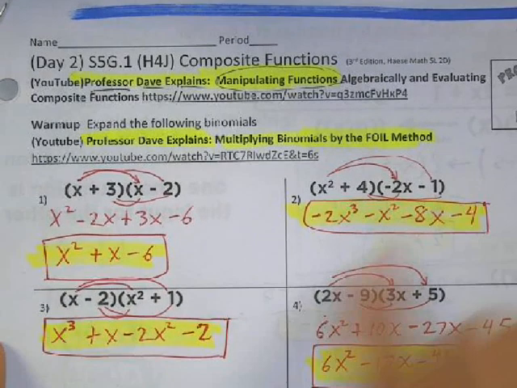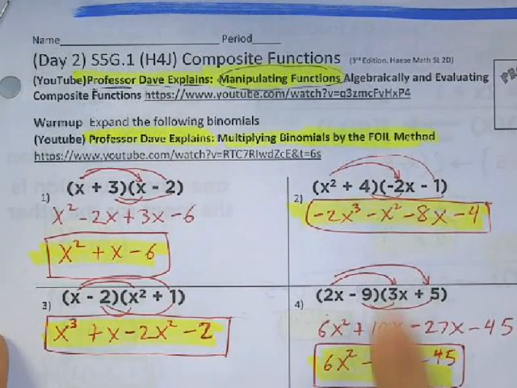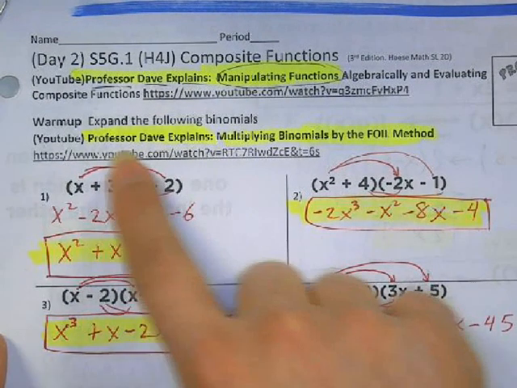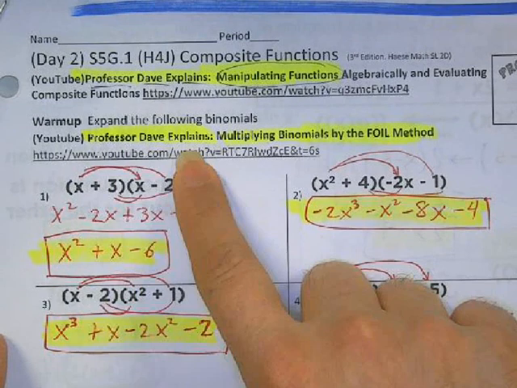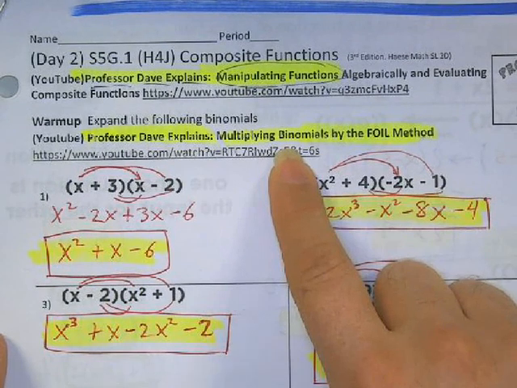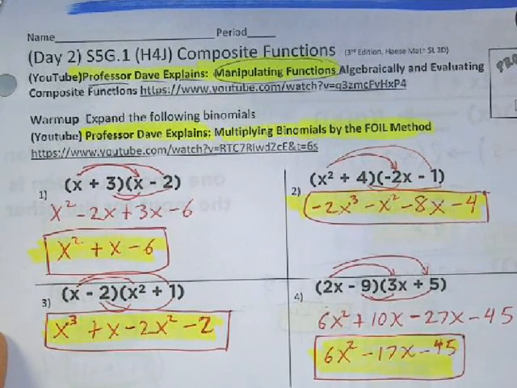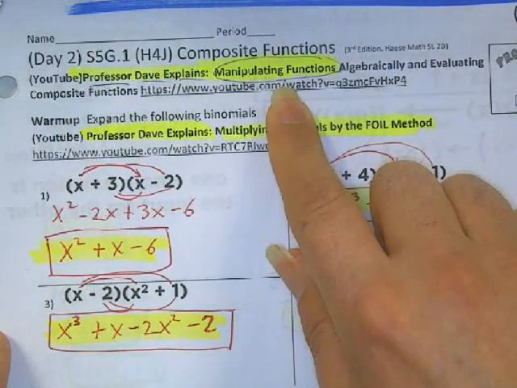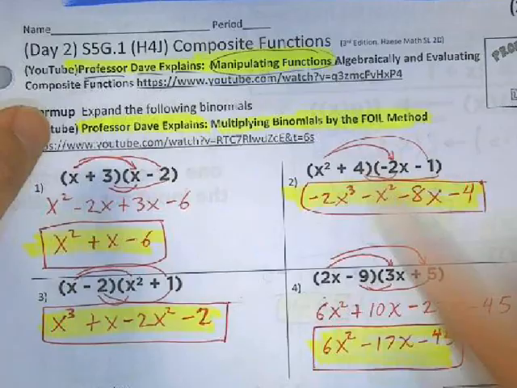The warm-up questions are explained with FOIL, so if you go to YouTube, Professor Dave Explains, multiplying binomials. And then the rest of the handout, if you go to Professor Dave Explains, manipulating functions.